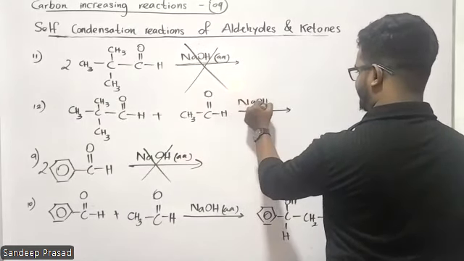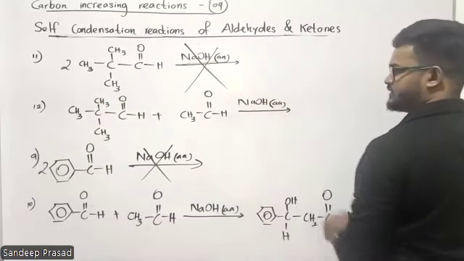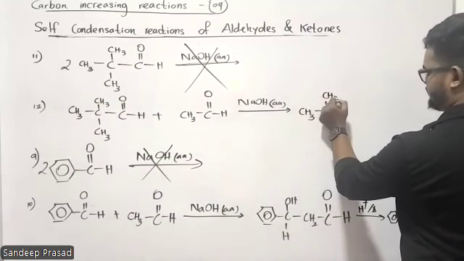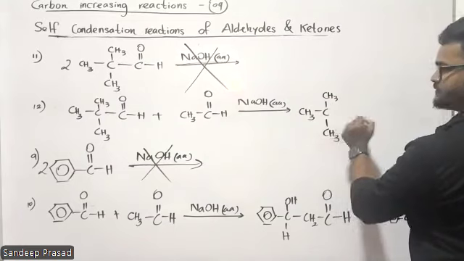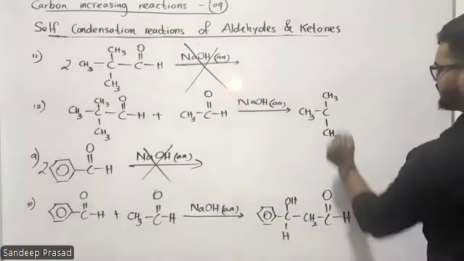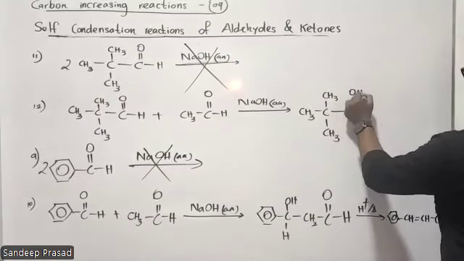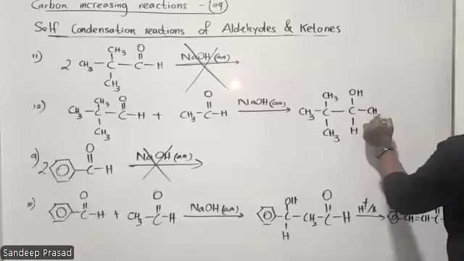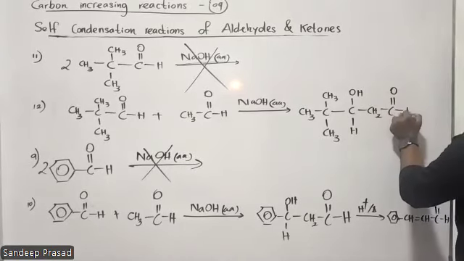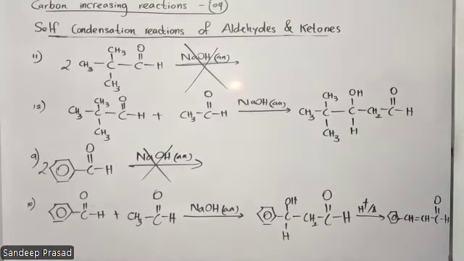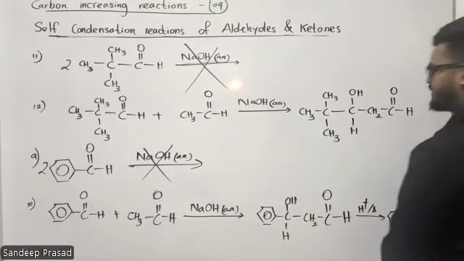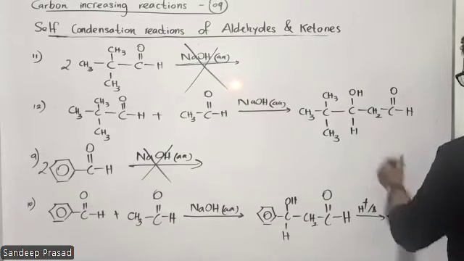Aqueous sodium hydroxide is added. CH3, OH, and put the carbon hydrogen bond down. Now CH2, C double bond OH can be connected. That's all very easy. After that, we can add H plus and H2O.